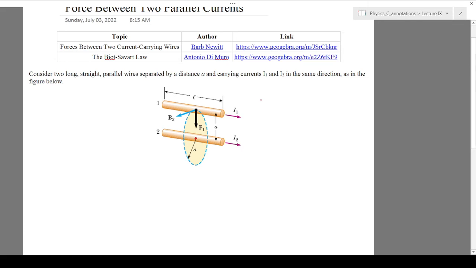So let's put here I1 and I2 in the same direction. If they have the same direction, like this, what you have here is attraction.